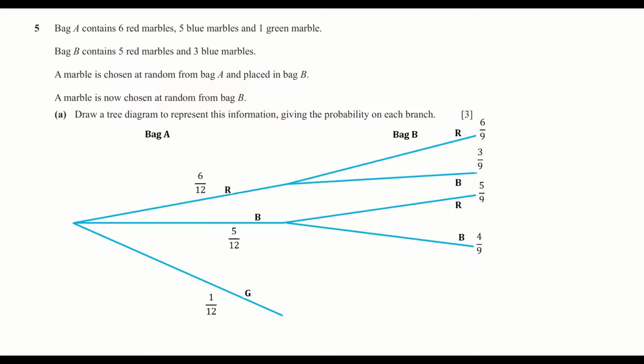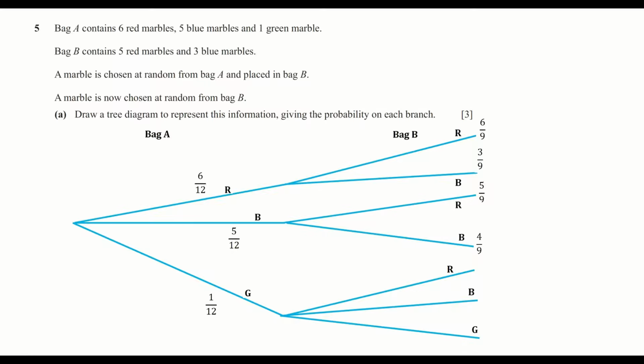Finally, let's look at what happens if the green marble from bag A is chosen. If we put this marble into bag B, we now have red marbles, blue marbles, and a green marble. So we need 3 branches from G to accommodate for the green marble. Let's label this R for red, B for blue, and G for green.